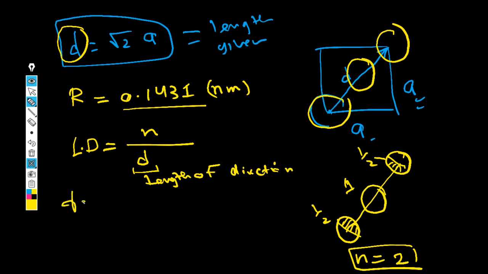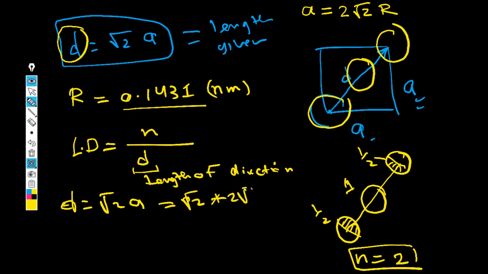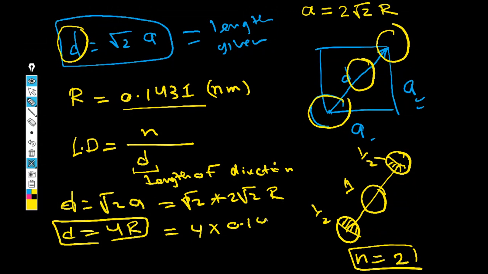We know D is equal to √2 A, and as I told you, for most of these cases I will give you the relation between A and R, because this is a face-centered cubic structure. A is equal to 2√2 R. So I can write it this way: √2 multiplied by 2√2 R, so it will be 4R. D is equal to 4R. 4 multiplied by 0.1431.